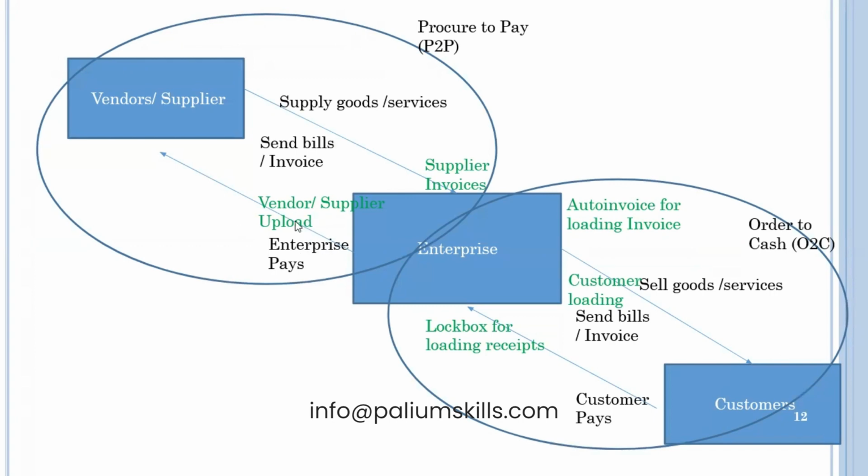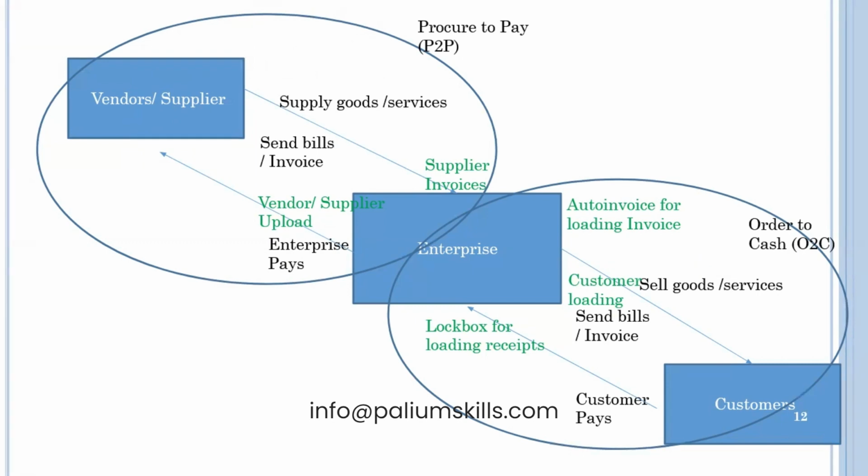Vendor or supplier can also upload it in the system. Then the enterprise will pay the vendor or supplier. This cycle is called procure to pay. That means you're procuring something and you're paying for that.